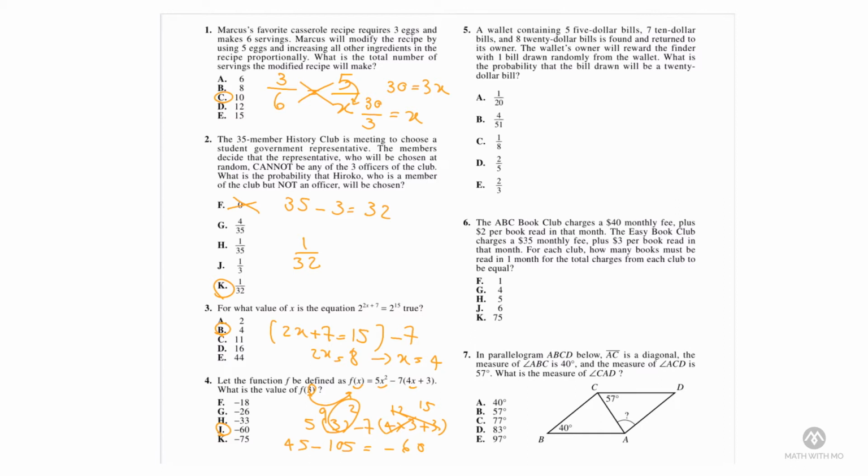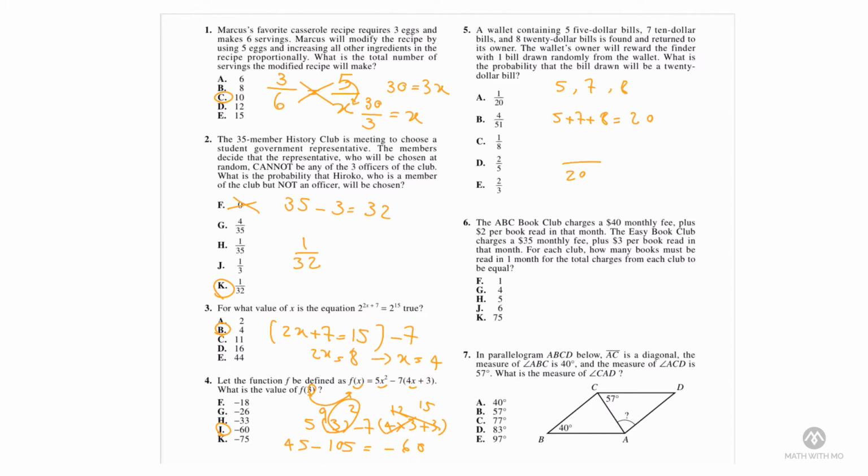So basically we have 5 $5 bills, then we have 7 $10 bills, then we have 8 $20 bills. So adding them gives us how many bills there are. What are the chances we take just one out randomly? So 5 plus 7 plus 8 is going to be 20, right? So the denominator will be 20.